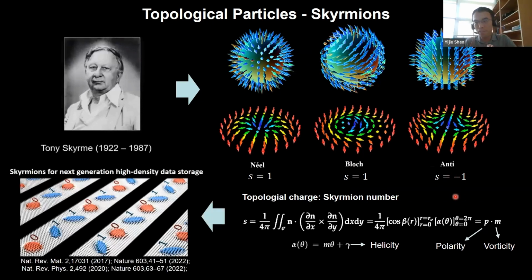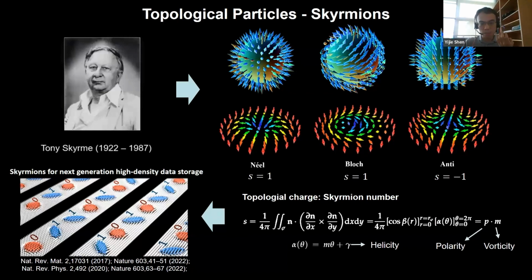This is an extremely important concept for our information society, because now we can have diversified topological numbers in a very localized, small particle region. If that can be realized in magnetic materials, this will promise high-density data storage with the topological number as the information carrier.